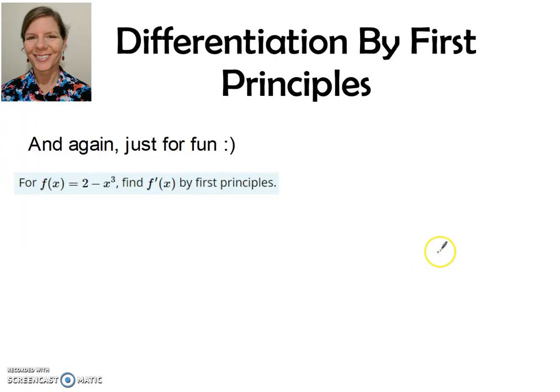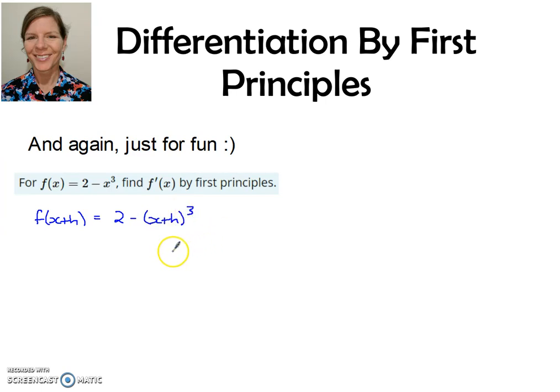So let's do another one, just for fun. We've got f of x. Let's work out what f of x plus h is. This will really convince you that our little shortcut works. So we've got 2 minus x plus h cubed.